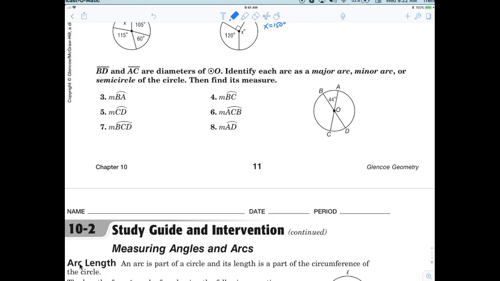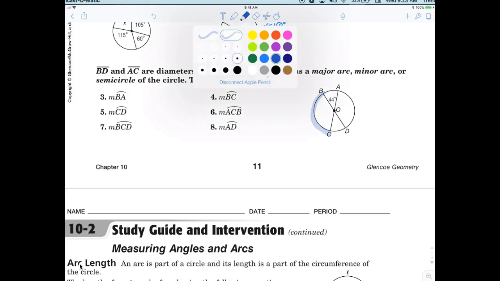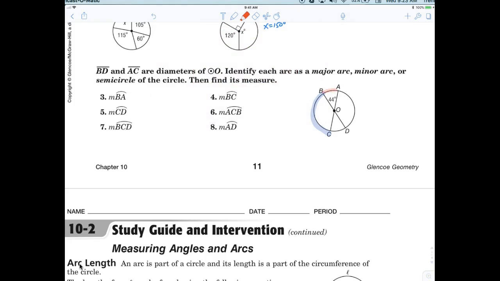Now look right here, because I'm going to show you something I should have said already. BC, listen to me, is always the quickest route. If I wanted to talk about that arc, I would say BAC, or I could say BDC.